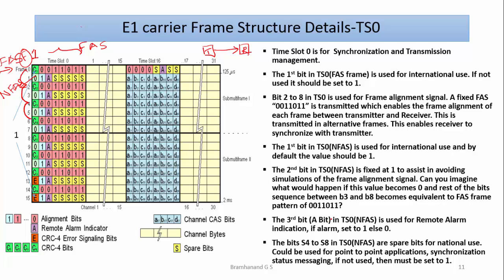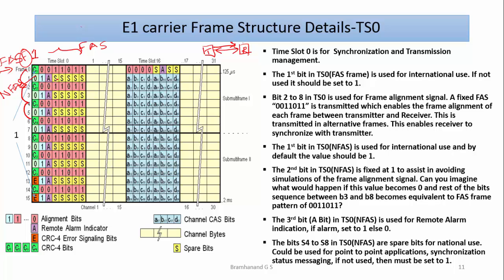And the third bit in the non-frame alignment signal is used for remote alarm indication. So if there are any alarms between a transmitter and a receiver or vice versa, for example a loss of signal, a loss of frame or out of frame, this information is transmitted in bit number 3 in the non-frame alignment signal frame.